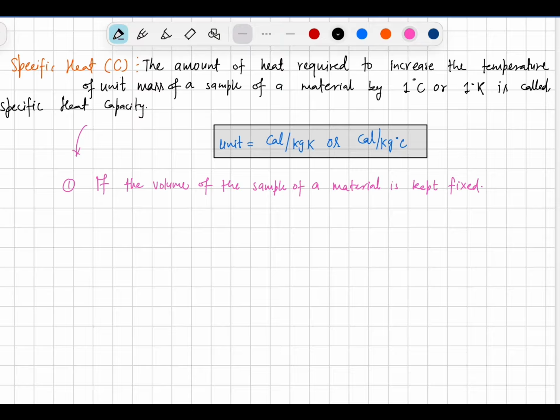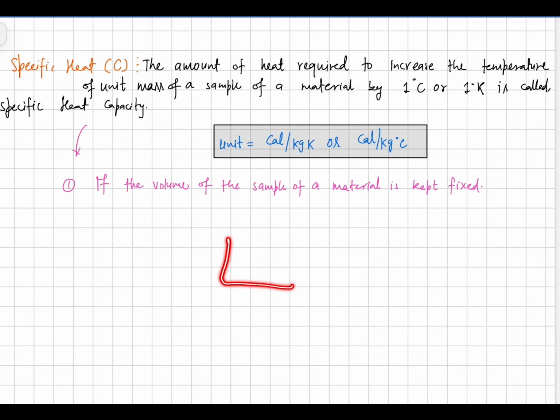Okay, meaning we have a material, not necessarily a gas, but for example a gas, and we have packed it by putting a lid on top. Now we are trying to heat it, but the volume is fixed. In this case, what amount of heat will I require to increase the temperature by 1 degree Celsius of 1 kg of gas or 1 unit mass of the gas?